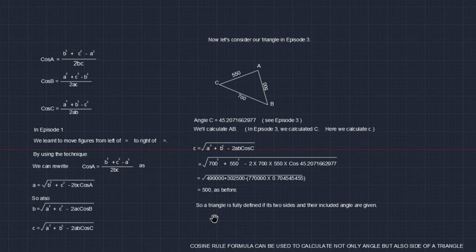So, a triangle is fully defined if its two sides and their included angle are given. Cosine rule formula can be used to calculate not only angle but also side of a triangle.